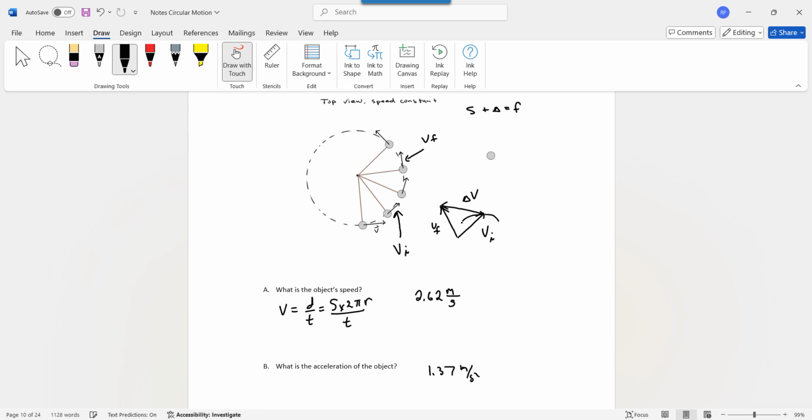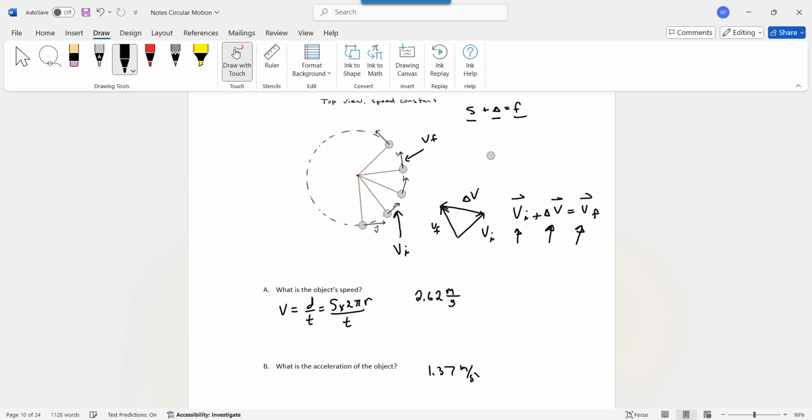This is my starting vector. This is my change in velocity. There is my new amount. And notice in the picture, these two are tip to tail. So vectorially, the initial plus the change in velocity equals my final velocity. I really should have vector symbols over all of these. Just like over here, my starting amount plus my change equals my final amount: my starting velocity vector plus the change in velocity equals my new velocity.